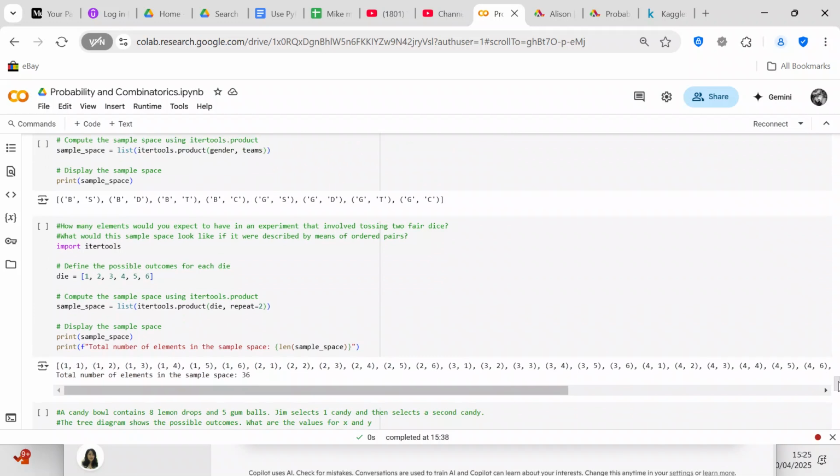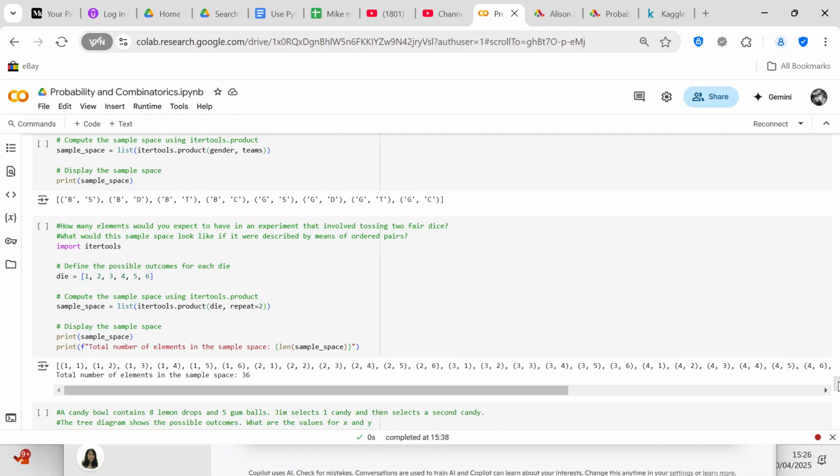The next question is: how many elements would you expect to have in an experiment that involved tossing 2 fair dice? What would this sample space look like if it were described by means of ordered pairs? Again, you're going to import itertools. A die is going to be a list from 1 to 6.